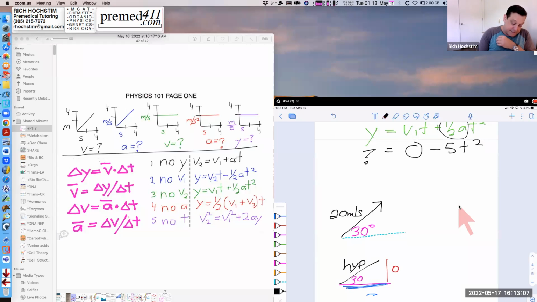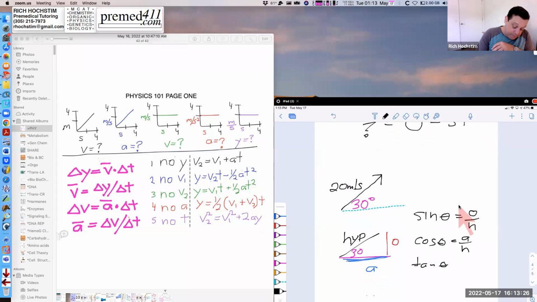What that gives us is: sine of the angle equals opposite over the hypotenuse. Cosine of the angle equals adjacent over the hypotenuse. And tangent of theta equals opposite over adjacent.